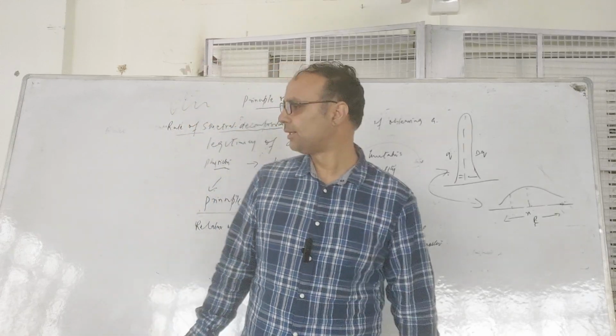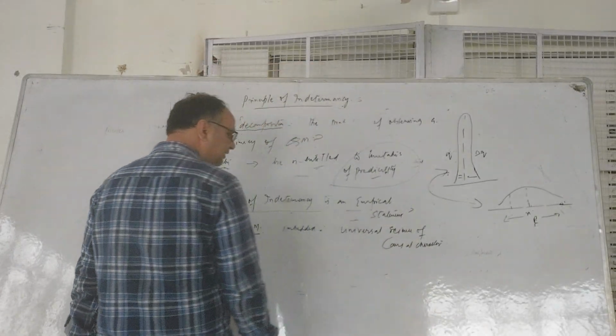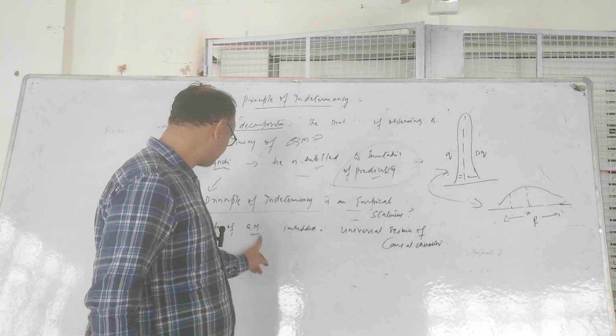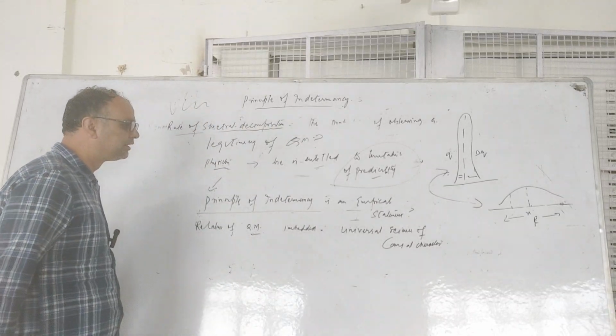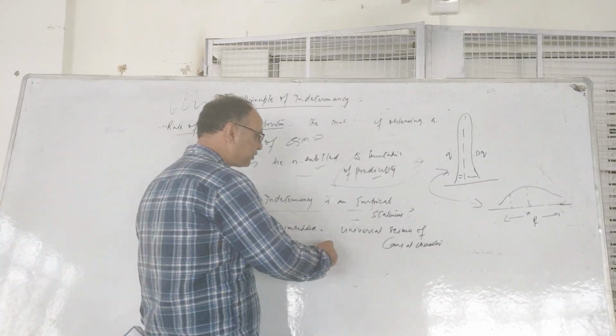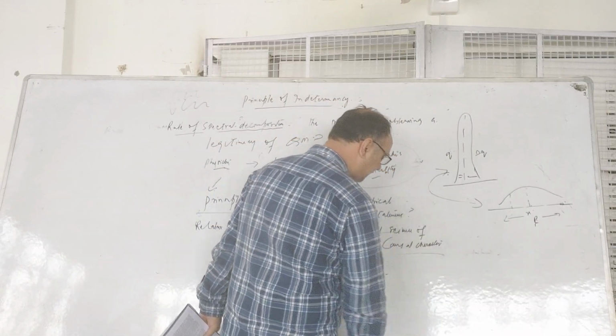So if you cannot determine things, does it also say something, since relations of quantum mechanics should be embedded in the universal science of causal character.